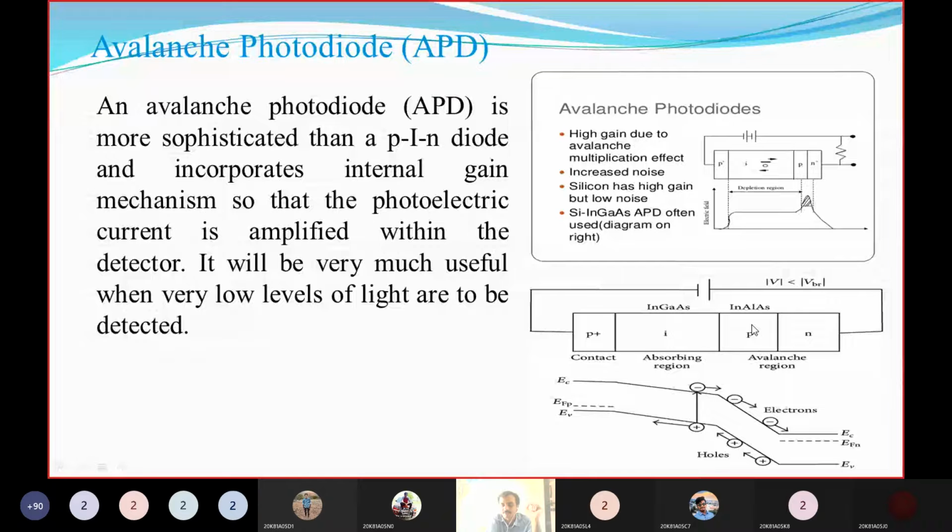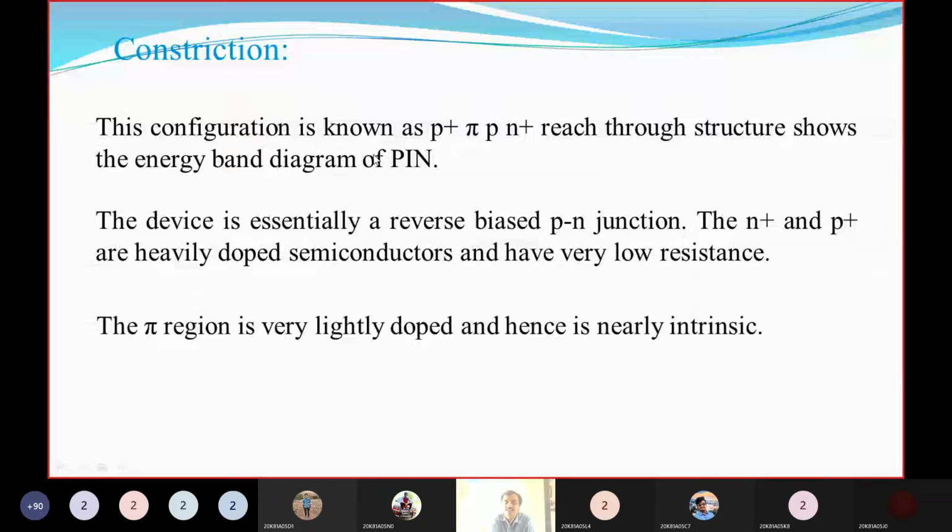This is the intrinsic region. Now I will explain the different regions. The configuration is P plus region, pi region, P region and N plus region. Generally the intrinsic region we pronounce as the pi region.